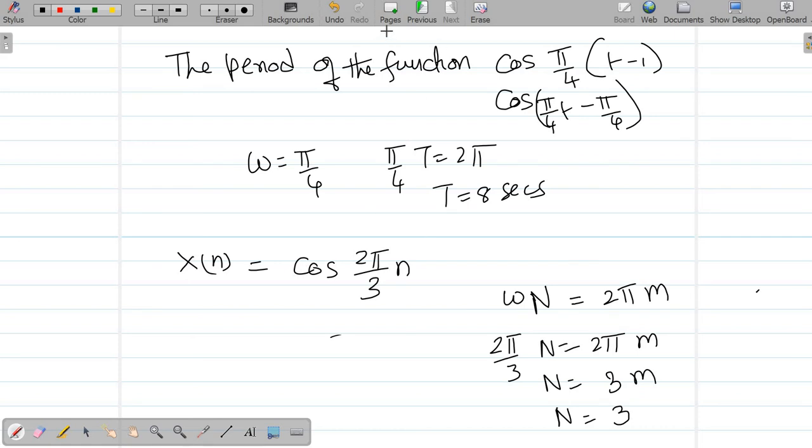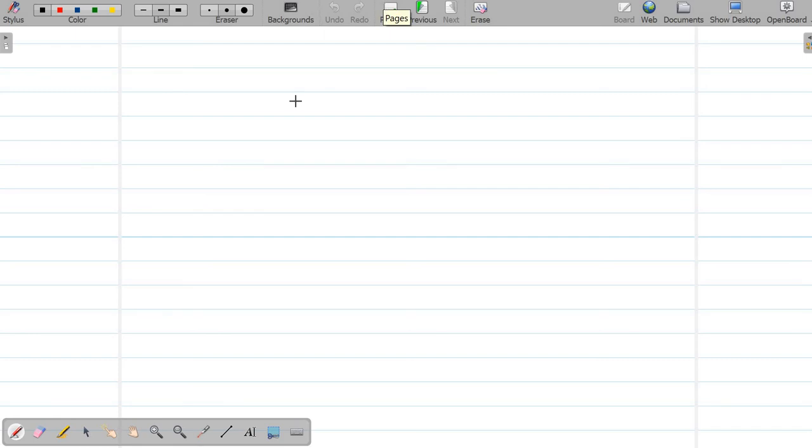Okay, let us take the next case. Let us say we have a signal something like this, with points at 0, 1 and 2.